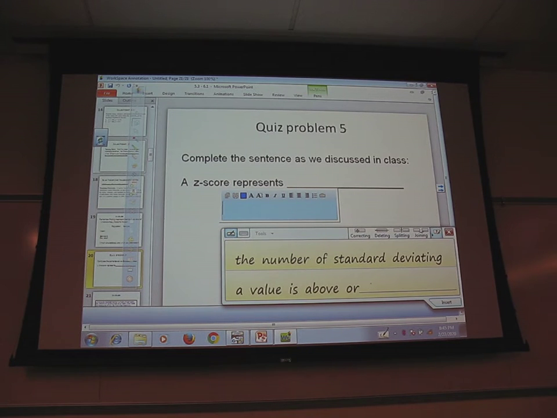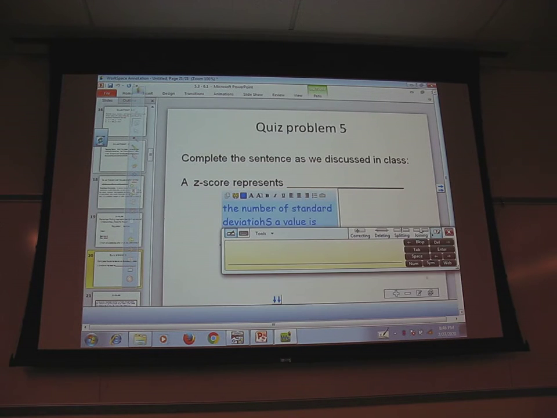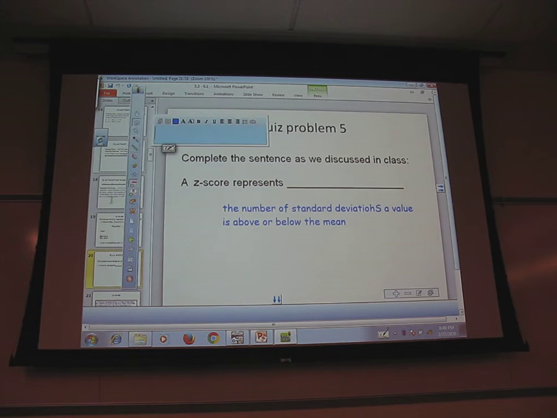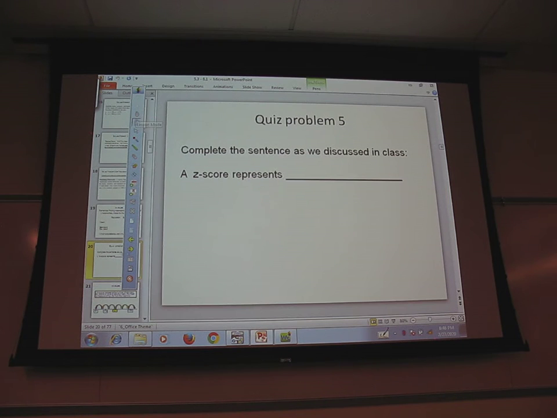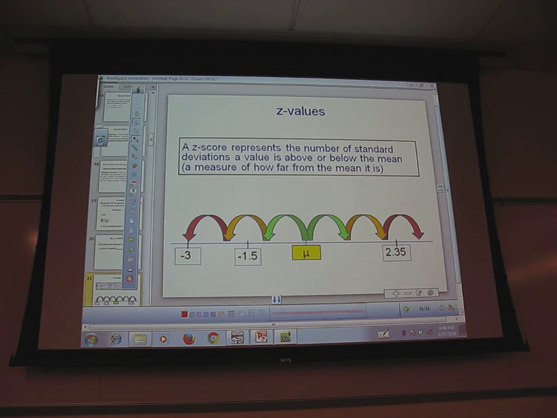Okay, good. So that's more or less close enough. You get the idea. Perfect. Z values, right?